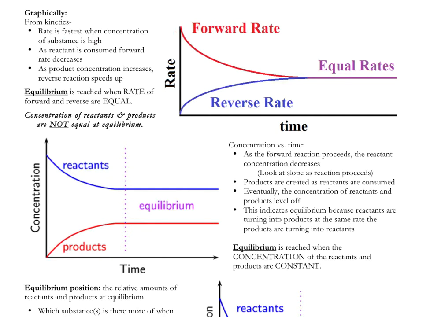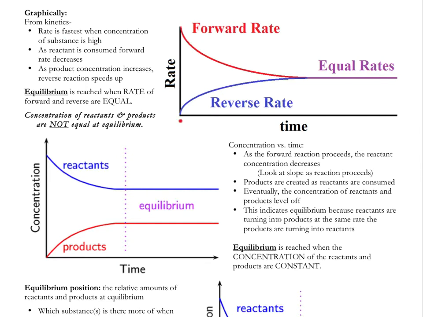So at the beginning I have lots of A and B that are separate to turn into AB, so I have a really fast forward rate. I have no AB yet, so AB isn't turning back into A and B, so my reverse reaction isn't just slow, it has a zero rate. But as these start to go away, I don't have as many of those particles, so it slows down.